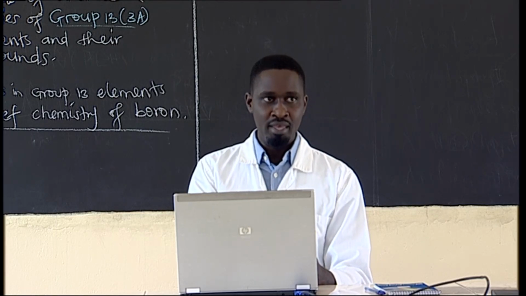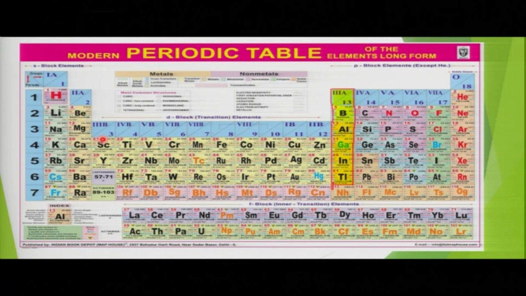Even 3B, but B actually applies to the D block elements, whereas A is about the S and P elements. Then B is for the D block elements, mostly called transition elements. So that is where we have the name group 13 or group 3A.